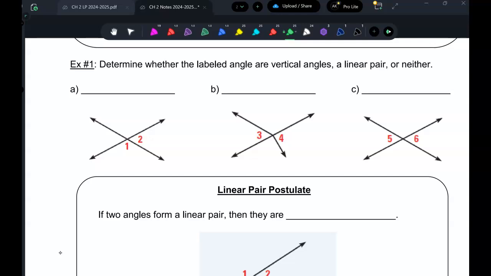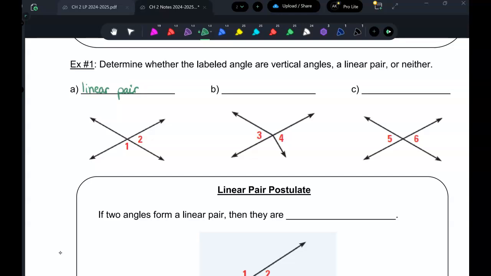Okay, so let's look at the examples of the numbered angles, and we want to determine which ones are vertical, which ones are linear pair, and which ones are neither. 1 and 2, what do you think? They're adjacent, so therefore we're going to call this a linear pair. What about 3 and 4?